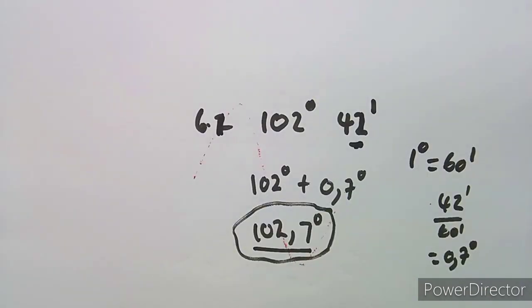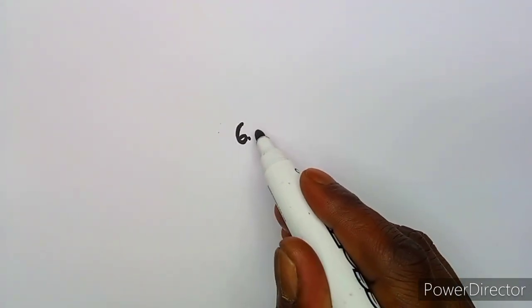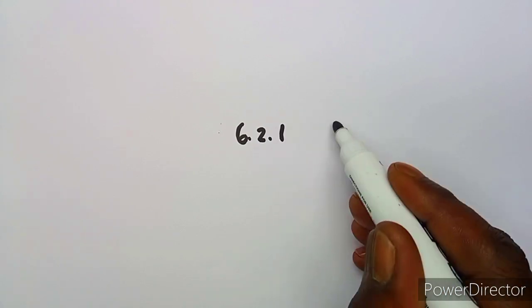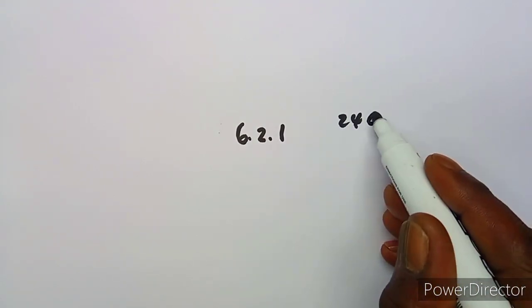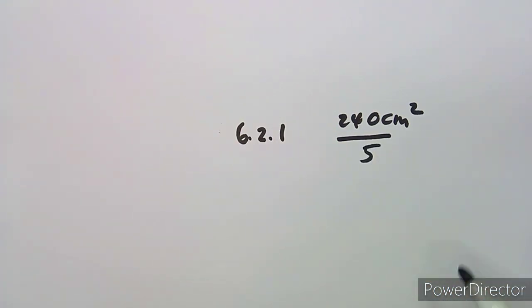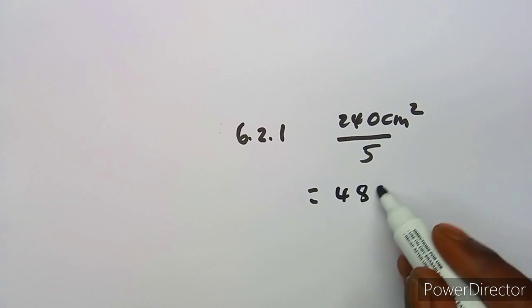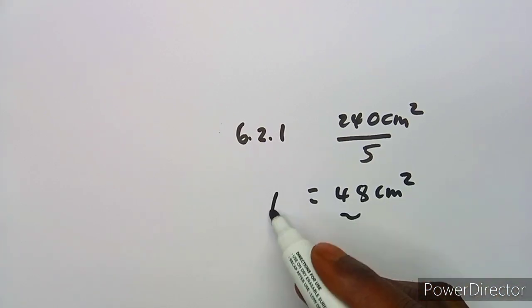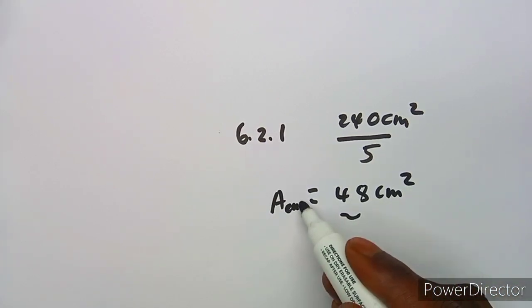Actually there you just need to divide, guys, because the area of everything is 240 square centimeters and is divided amongst 5 members of the family. So if you divide by 5, it gives us 48 square centimeters. All right, so that is going to be the area of each sector.